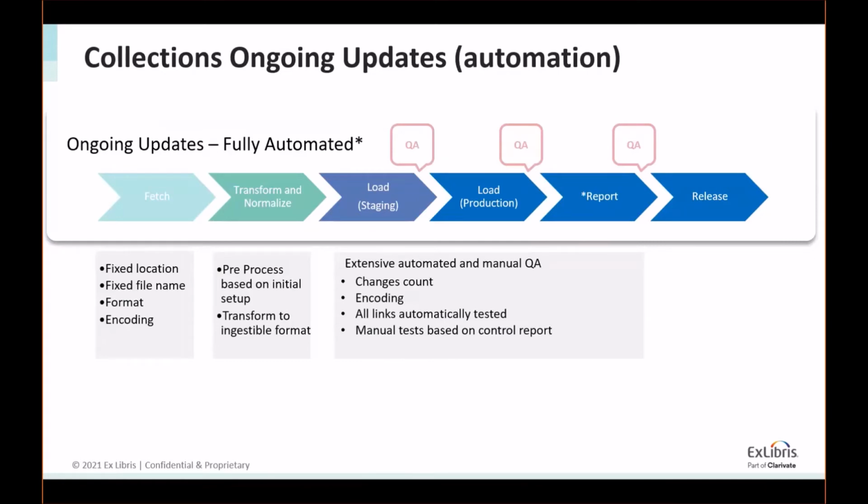A load report is generated at the end of the process, and the operations team manually check the report, check the collection involved, and only upon approval, the ingested collections are being released to the customers.